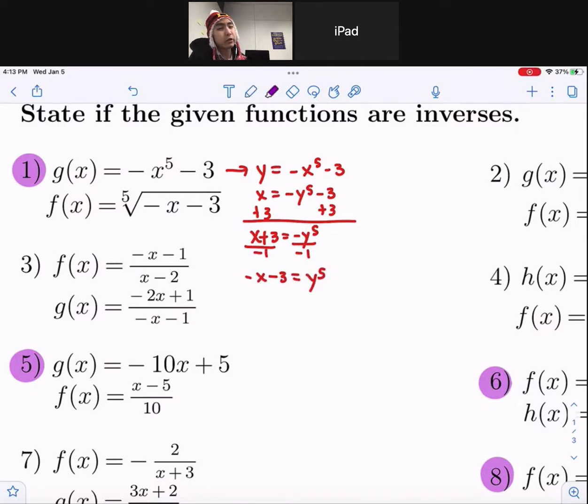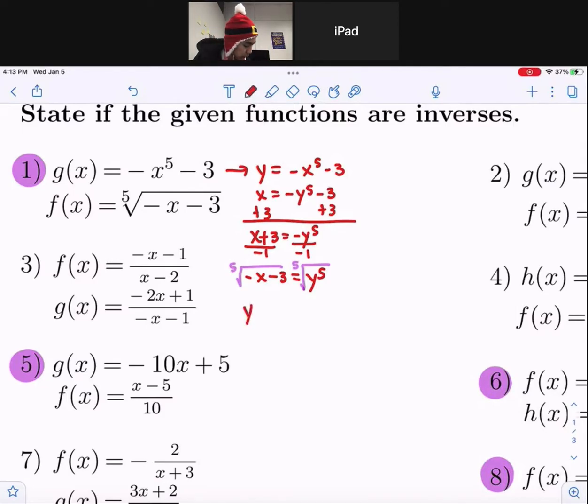Now, this is kind of new for you guys. To get rid of a second power, you know to just square root it, right? But when it's a fifth power, you do a fifth root to both sides. It makes sense because if something's to the fifth power, the inverse of that is taking the fifth root of both sides.